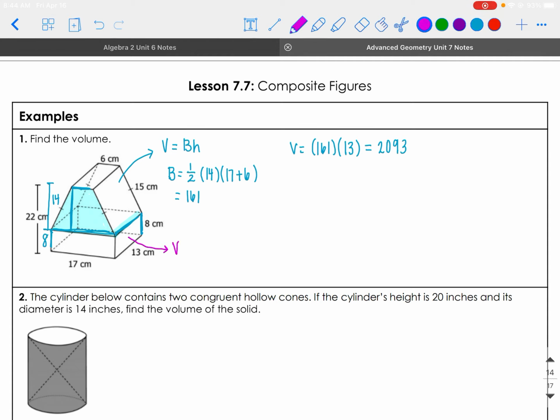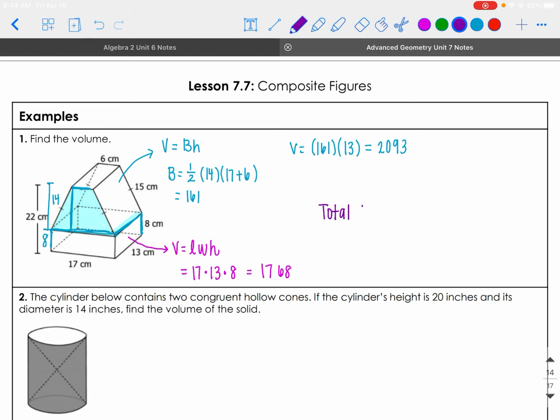Then I have the volume of the rectangular prism, which is length times width times height. Or you could still use the other formula, area of the base times height. So it's basically the same thing. But for this one, we have 17 times 13 times 8, which is 1,768.